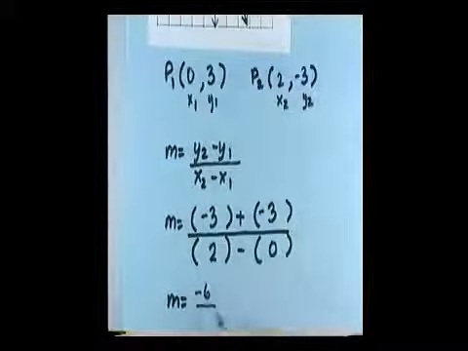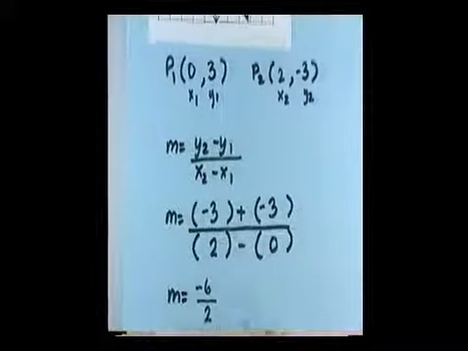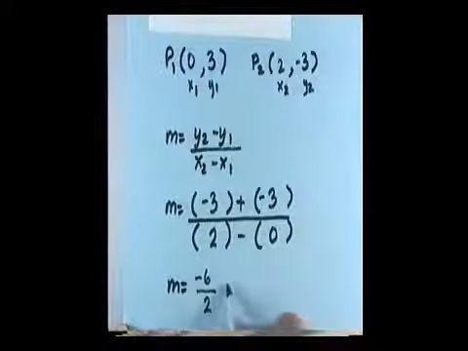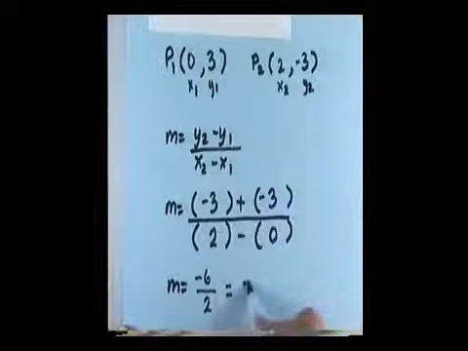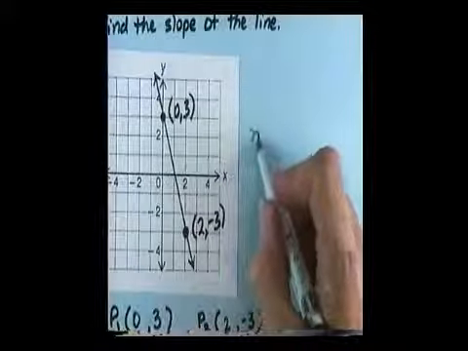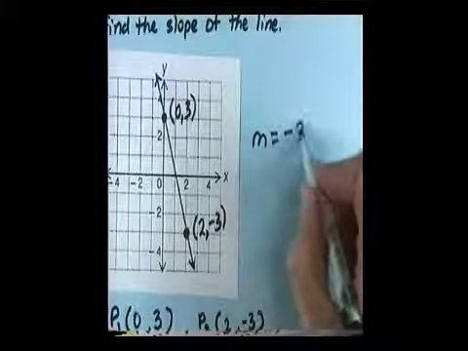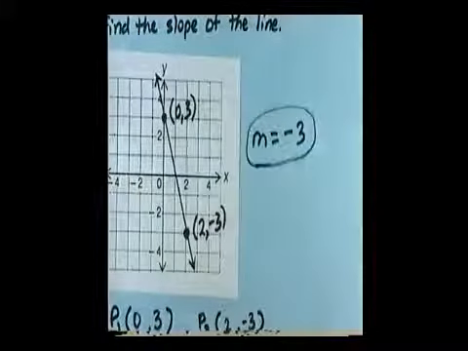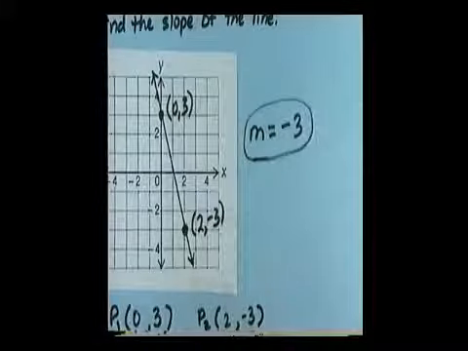The denominator is 2 subtract 0, which is 2. And so we have negative 6 over 2, which is negative 3. And so for the slope of the line that we are looking at on this graph, the slope is equal to negative 3. And there's our result. Slope is negative 3.